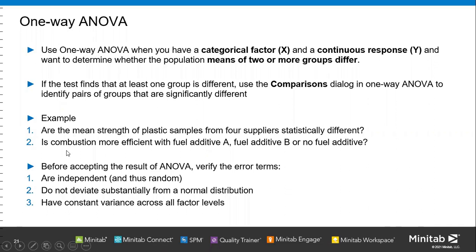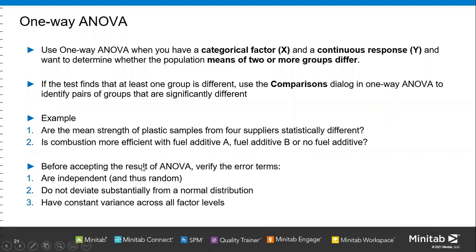Maybe you have a problem like, is the computation more efficient with few additive A, few additive B, or no additive? So you have more than 2 groups of the additive, and you want to see the efficiency. All these problems can be solved by the one-way ANOVA.